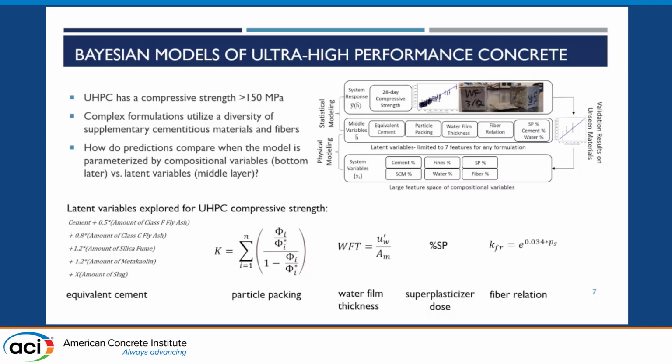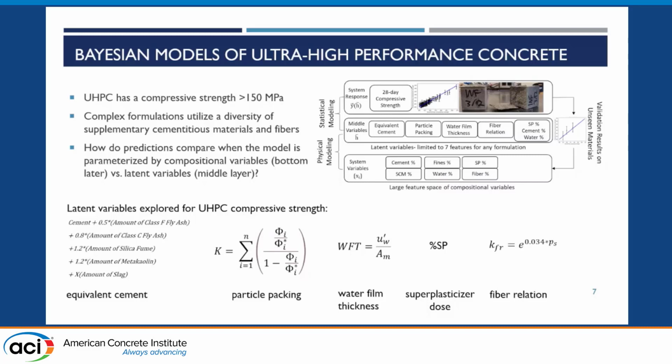So the authors embarked on engineering different features based on the composition of UHPC. In this figure on the top, you will see a schematic showing their modeling approach. They demonstrate the compositional variables in their bottom layer.